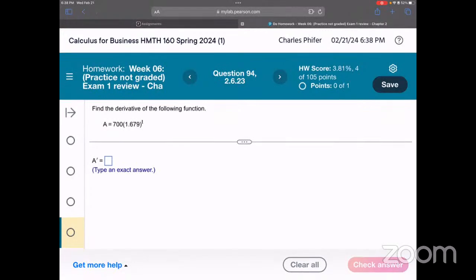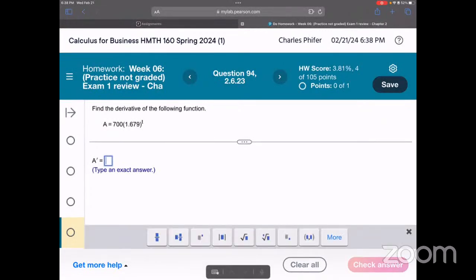So when we go to find its derivative, first it's itself. So it's going to be 700 times 1.679 to the power of t. The derivative of the power is just going to be 1. And then we're going to say times the natural log of that base, 1.679. Okay, that should be it.